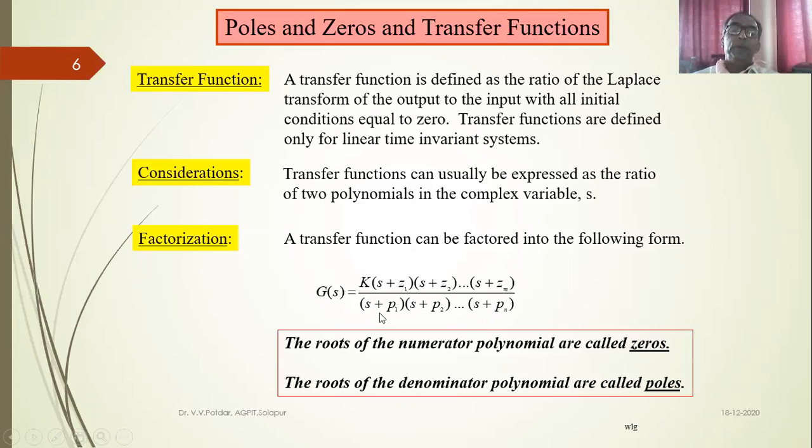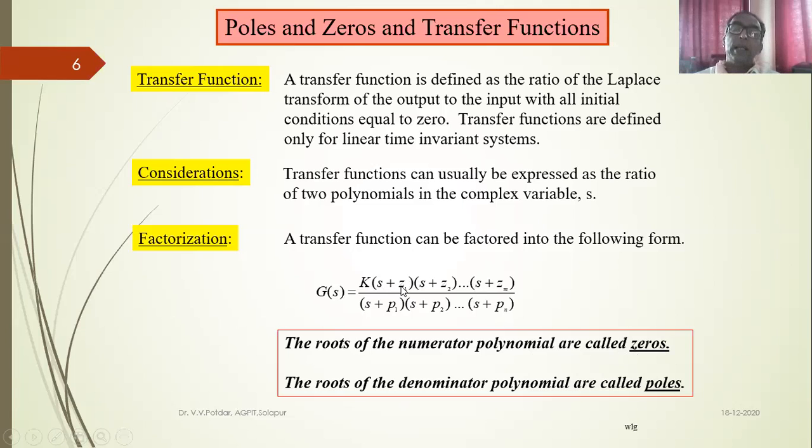Now the roots of the numerator polynomial are called zeros. Please be attentive. The roots of the numerator polynomial are called zeros. Now why are they called zeros? Take this case. s+1 was the term.